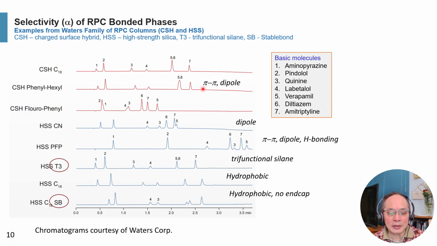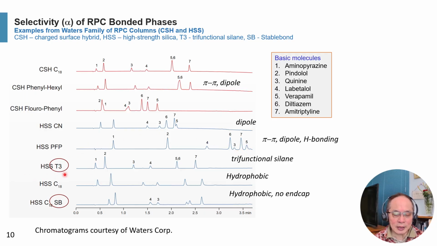Due to pi-pi and dipole interaction, you can see that there are some shifts of retention time, but it basically gives you the same elution profile. The fluorophenyl is quite different due to hydrogen bonding. You can see that the elution profile is changed quite substantially. Cyano bonded phase and PFP also give you very substantial changes.